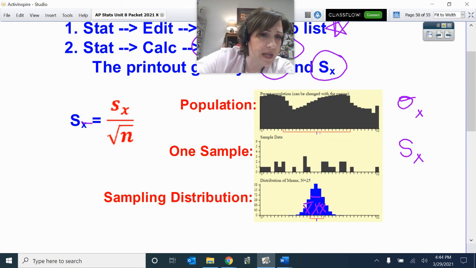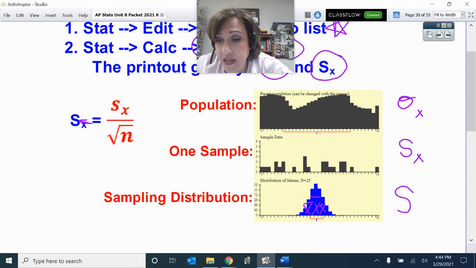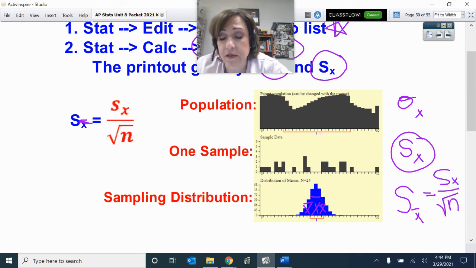Oh, this was supposed to have a bar right here. So that is S of x-bar, and that comes from this S of X divided by the square root of your sample size. So there are 3 different standard deviations for those 3 different distributions.